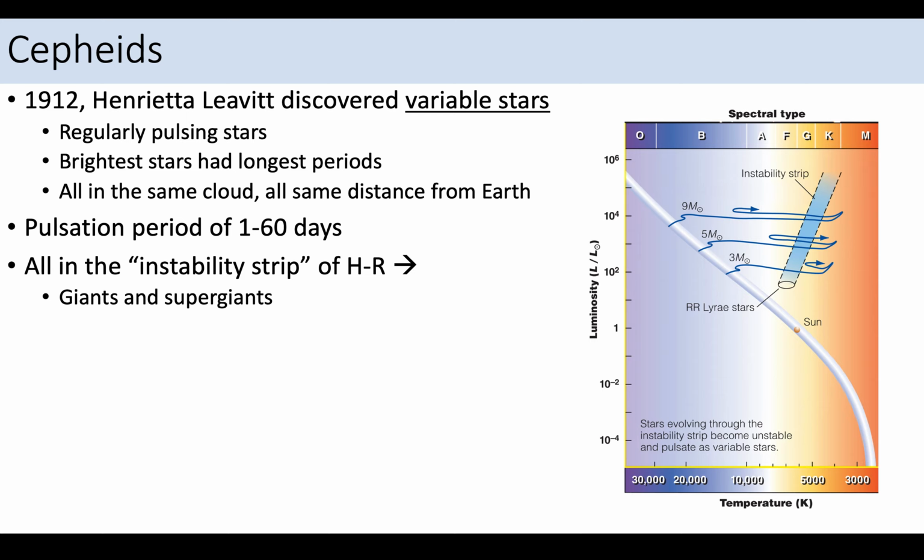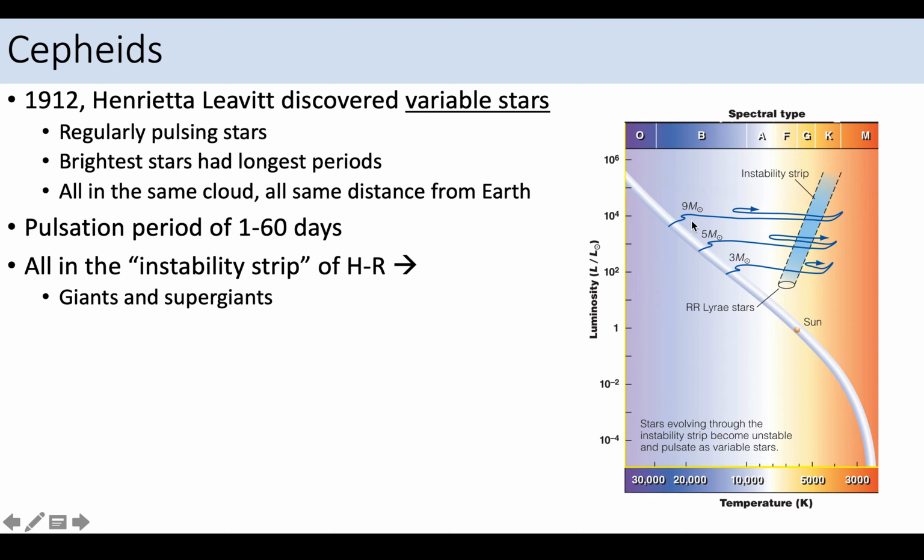And when these variable stars exist, they are always within what we call the instability strip of the HR diagram. So this area of the HR diagram, whenever you have a star in this area, it can be a variable pulsating star. So we know from where this instability strip exists that these stars are going to be either giants or supergiants.